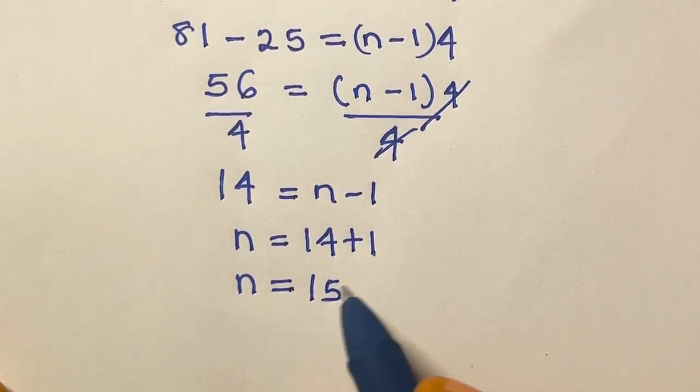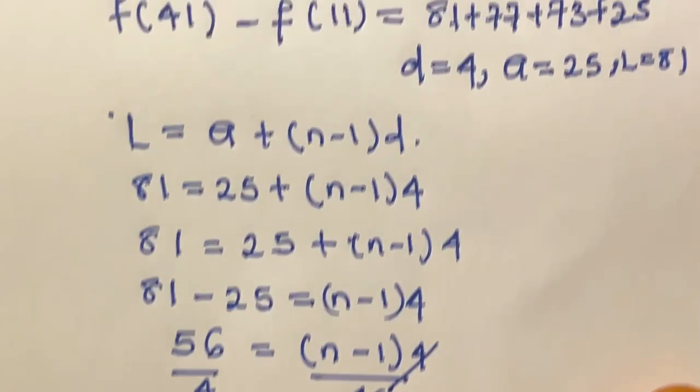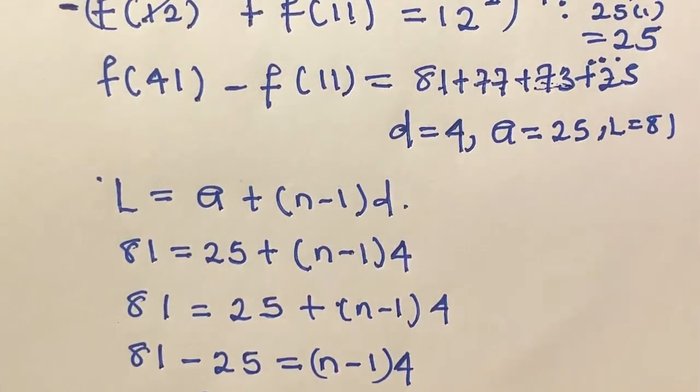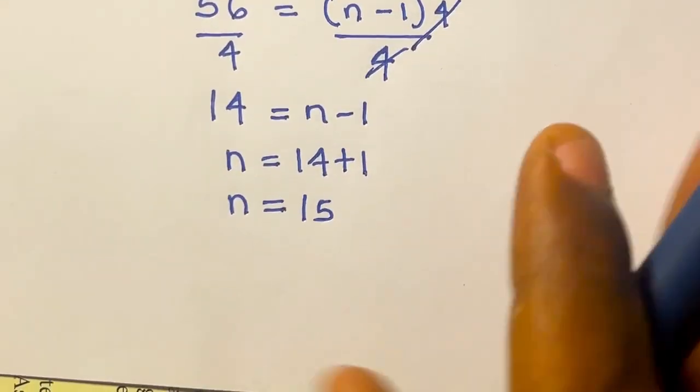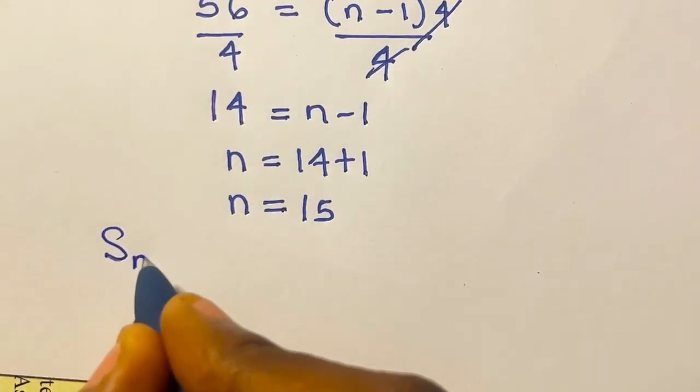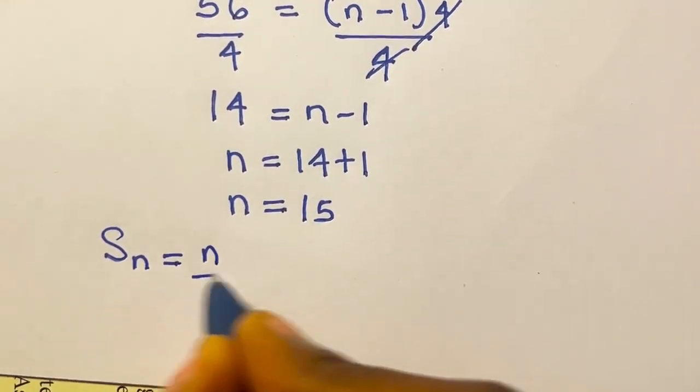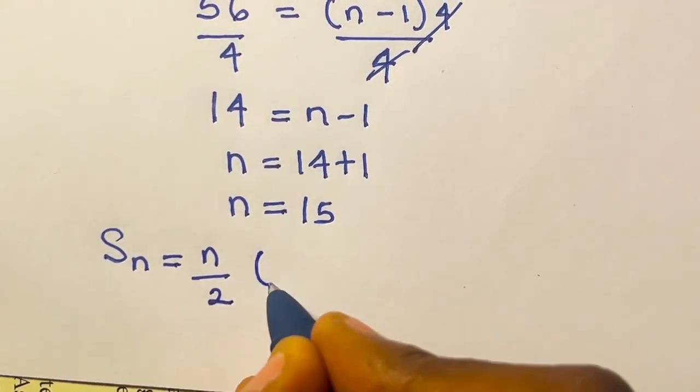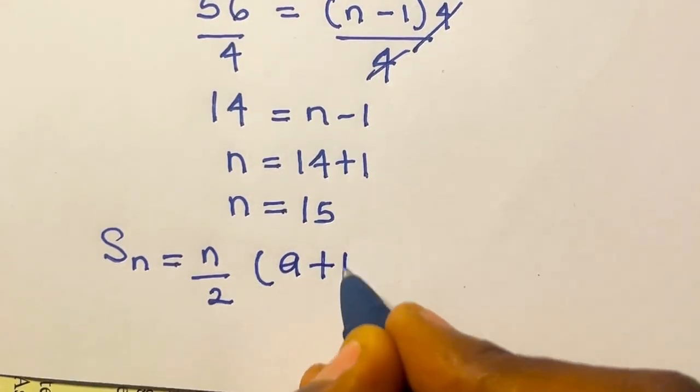Now we can find the sum of the series. So that's what we want to find out. To find it, you have sum of series equals n divided by 2, open bracket, a plus l.